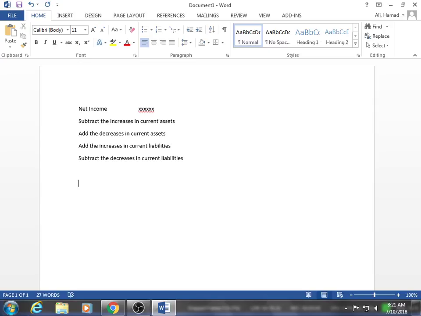Such as if you issue stocks for cash, do you have cash inflows or outflows? Inflows, because we're collecting cash. If you are paying the dividends, outflows. So let's see what kind of activities we had in the financing section.